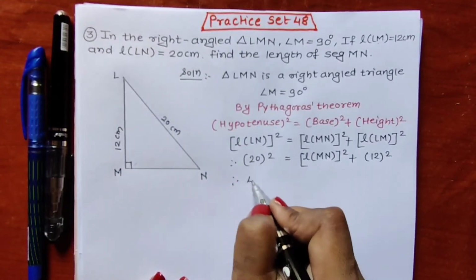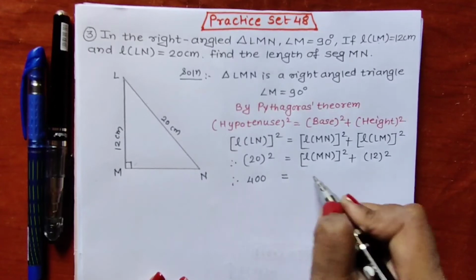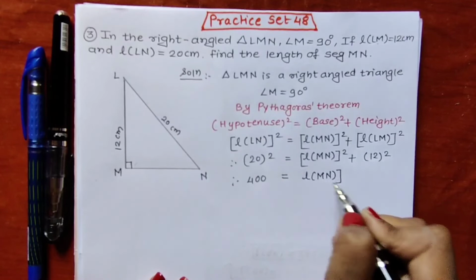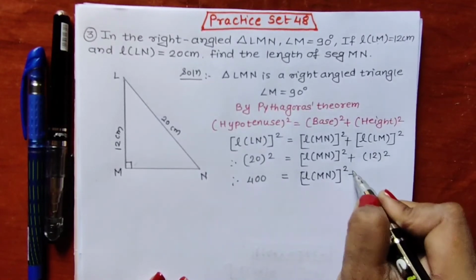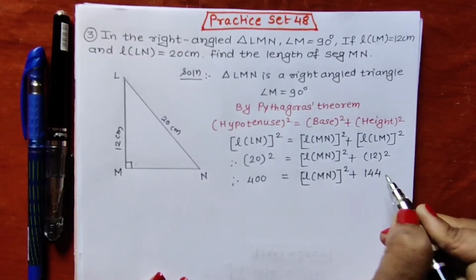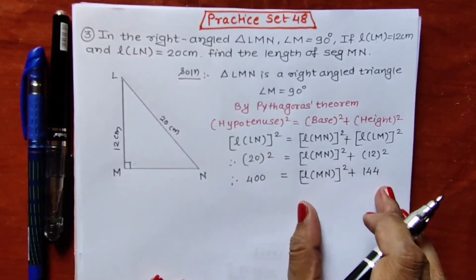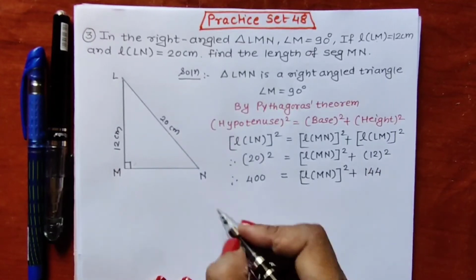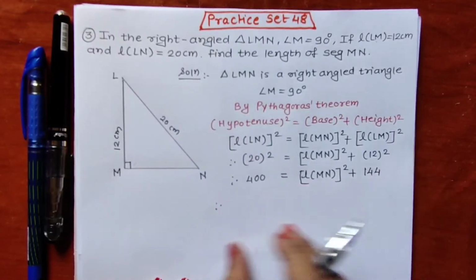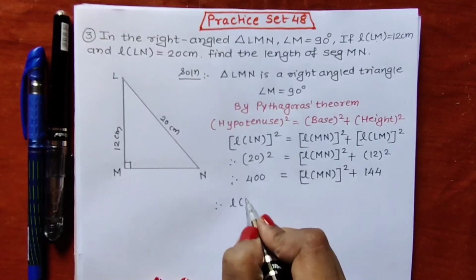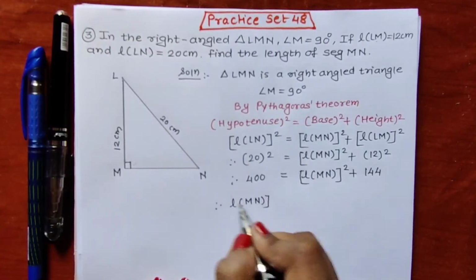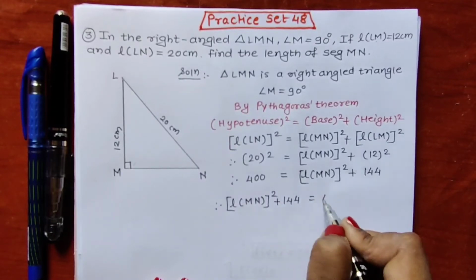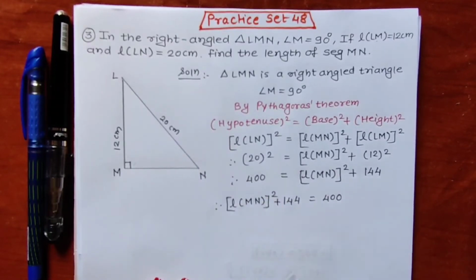We first find out the square of these numbers. 20 square, 2 square is 4 and then 2 zeros, 400. This length MN square we cannot do anything right now. So we write length MN square as it is, and 12 square we all know it is 144. Now I will transfer this full right hand side to left and full left hand side to right. Length MN square plus 144 is equal to 400 on the right hand side.